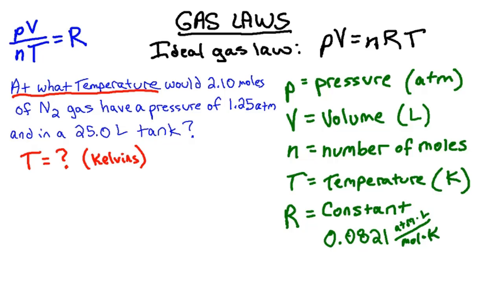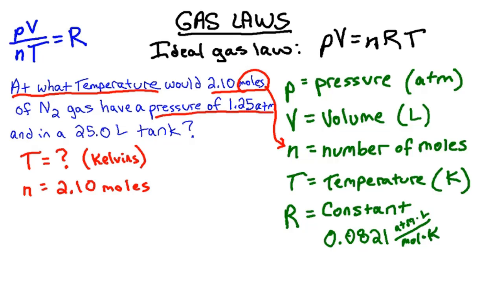At what temperature would 2.10 moles of nitrogen gas, so the 2.10 moles would be the N, because N stands for the number of moles. So N is going to be 2.10 moles. At what temperature would 2.10 moles of N2 gas have a pressure of 1.25 atmospheres?